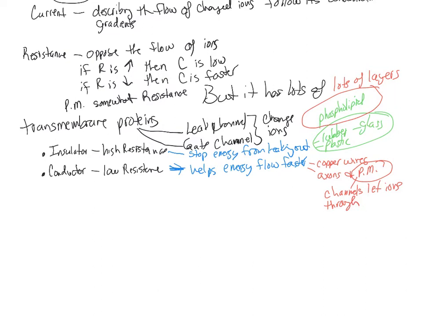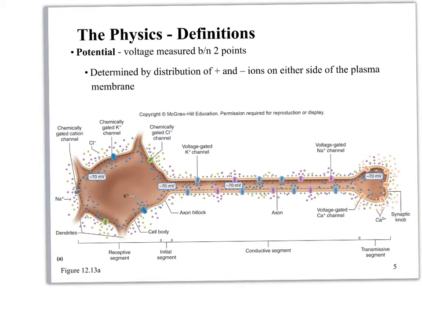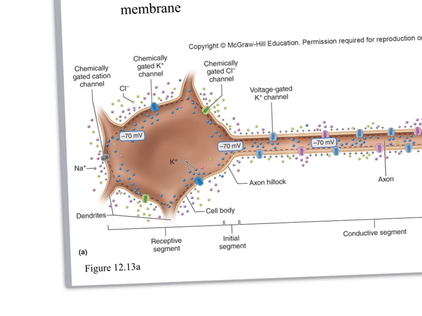All right, let's go ahead and look at a picture. Looking at this picture here, what we're looking at is the voltage measured between 2 points. What I like about this particular picture is the way they're showing the different ions, okay? So let's blow this up.